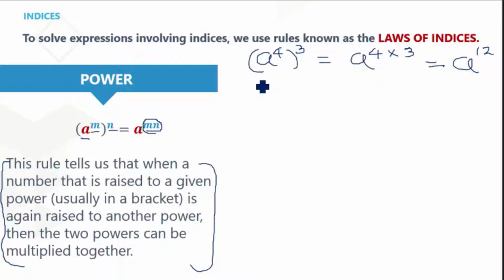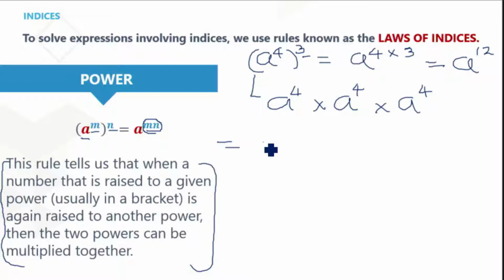We're verifying the power law using this example now. So we have that a to the 4 is multiplied by itself up to how many times? 3 times. So a to the 4 times a to the 4 times a to the 4, and it's equal to what?